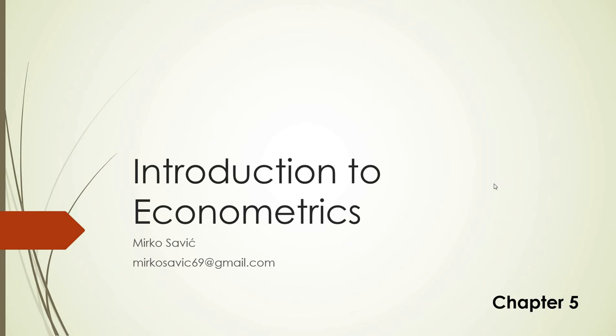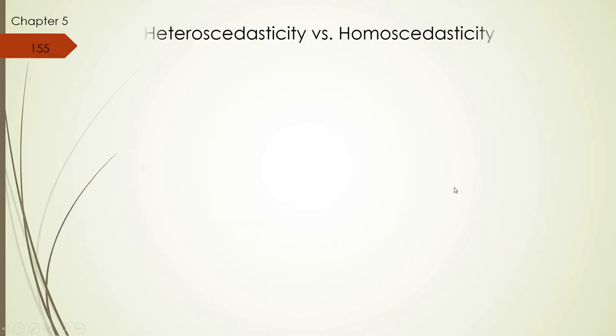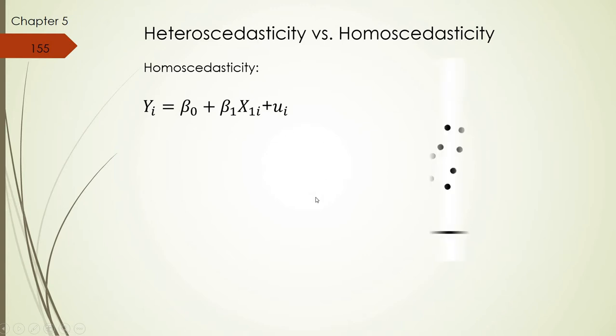The next topic that we will go through is heteroscedasticity versus homoscedasticity. So, what does homoscedasticity mean? If we have a model with one independent variable x, and we also have its residuals.